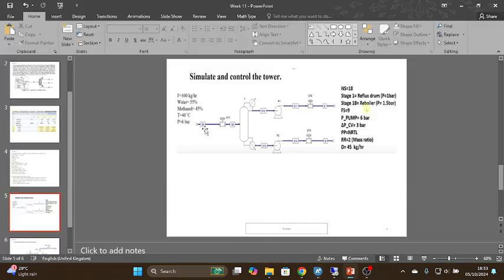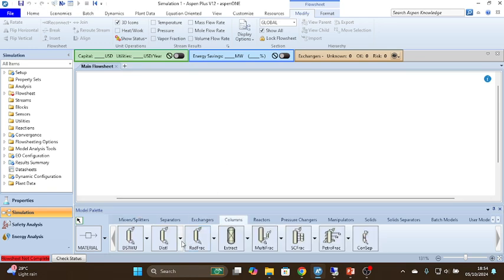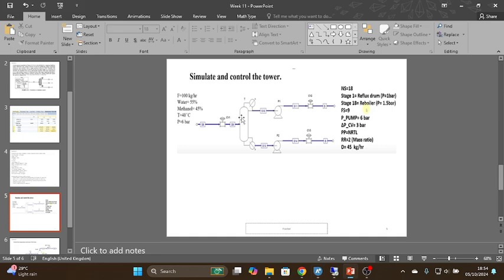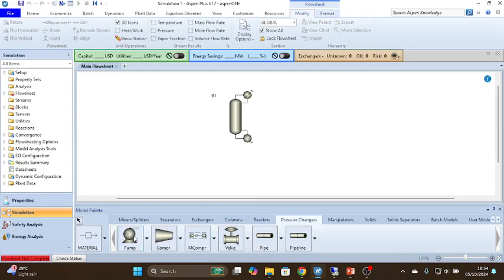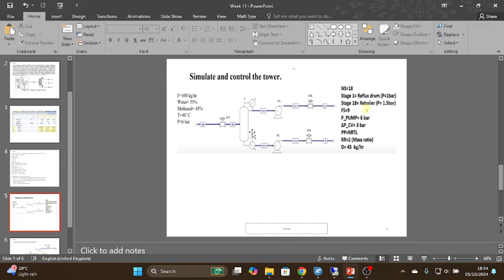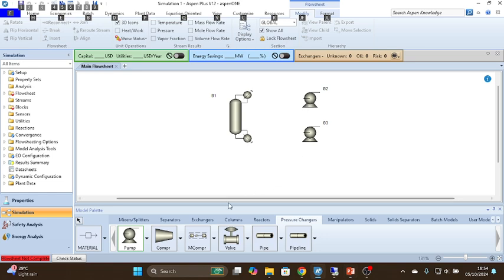So coming to the flowsheet, we have one RadFrac column, then we have two pumps, and we have three control valves.